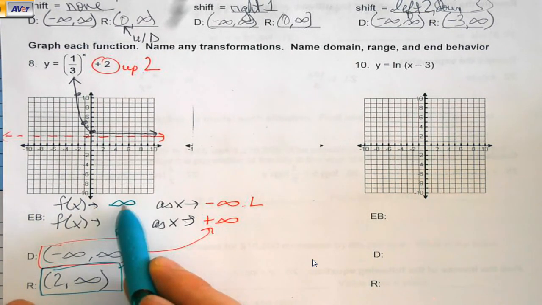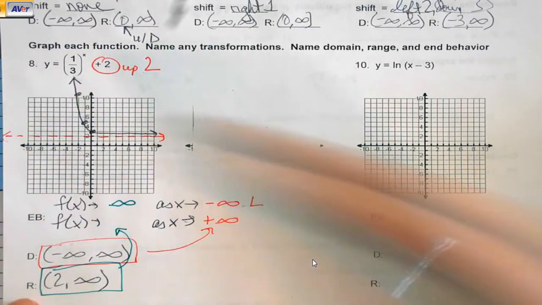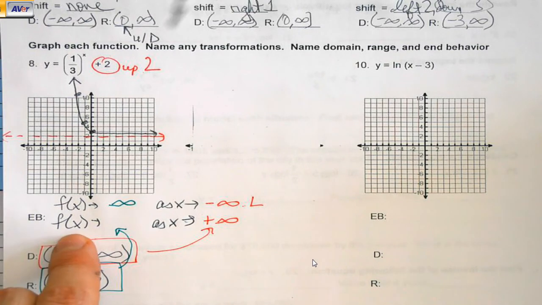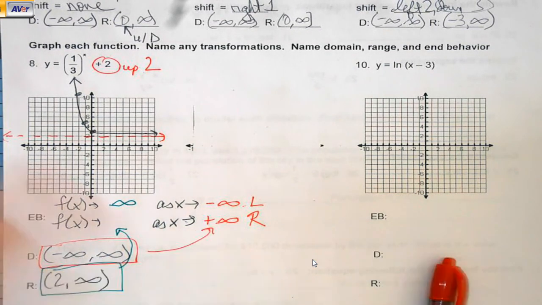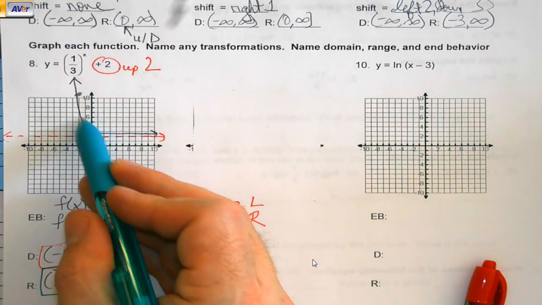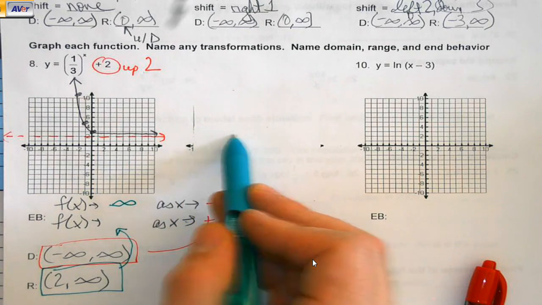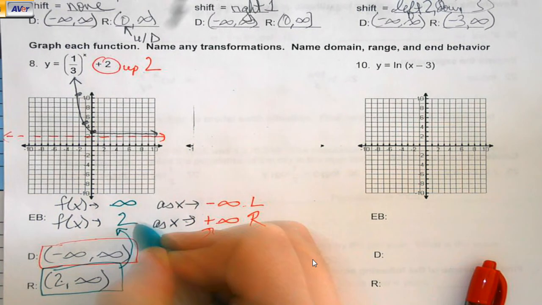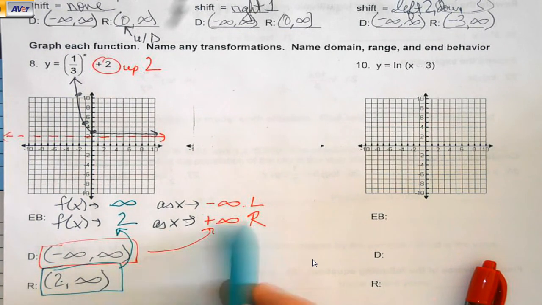Y goes up as x goes left. I'm going left, I'm going up. Makes sense. So my second one then, if that's true, as x goes to positive infinity, as x goes to the right, what's happening to my y value? Well, it's leveling off. What's it leveling off near? 2. Y gets closer to 2 as x goes to the right. Okay? That's how we do that.